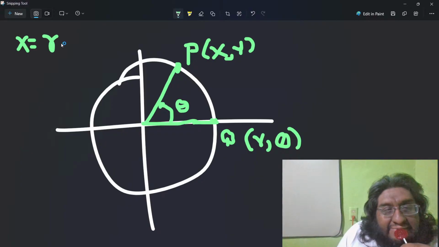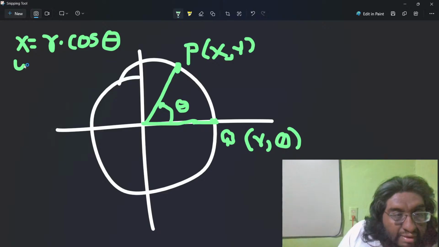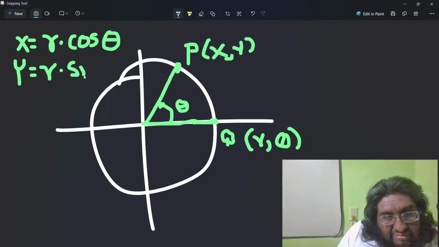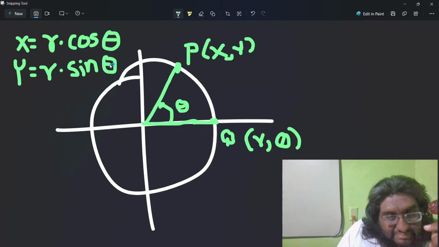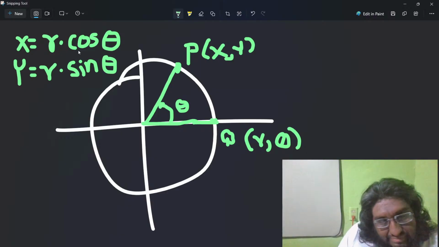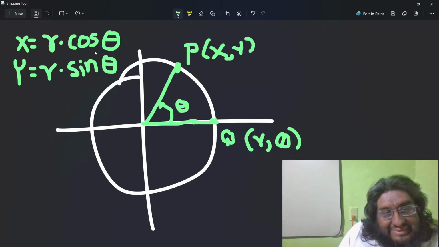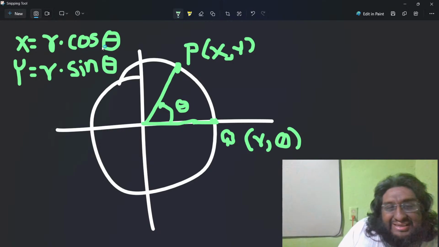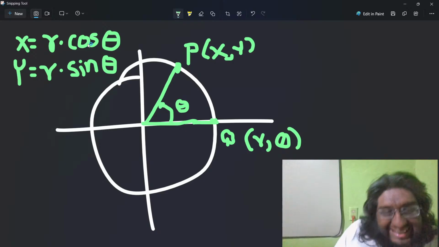That should be cosine of theta, and then we have this. And if you are interested, this is beautiful mathematics. Because I was saying to myself, what's the use of these things anyway?